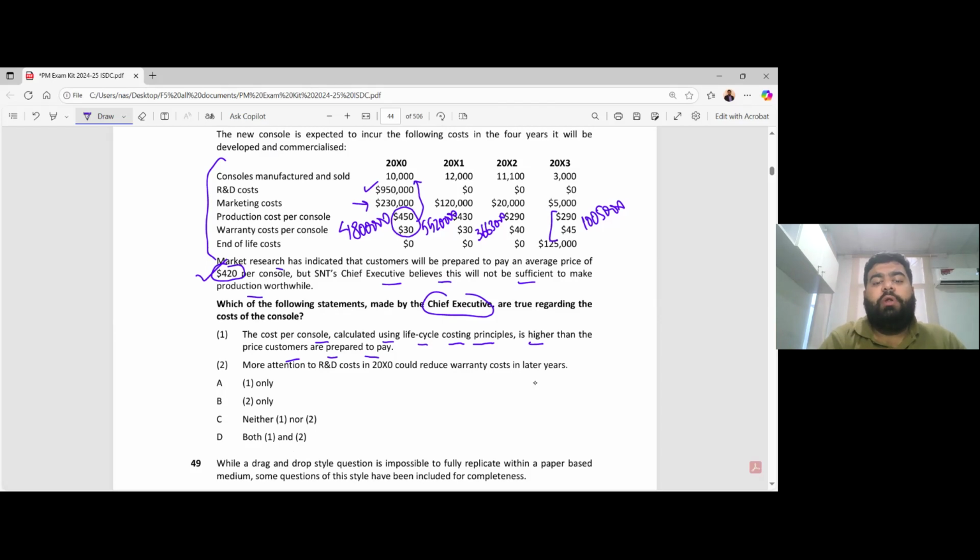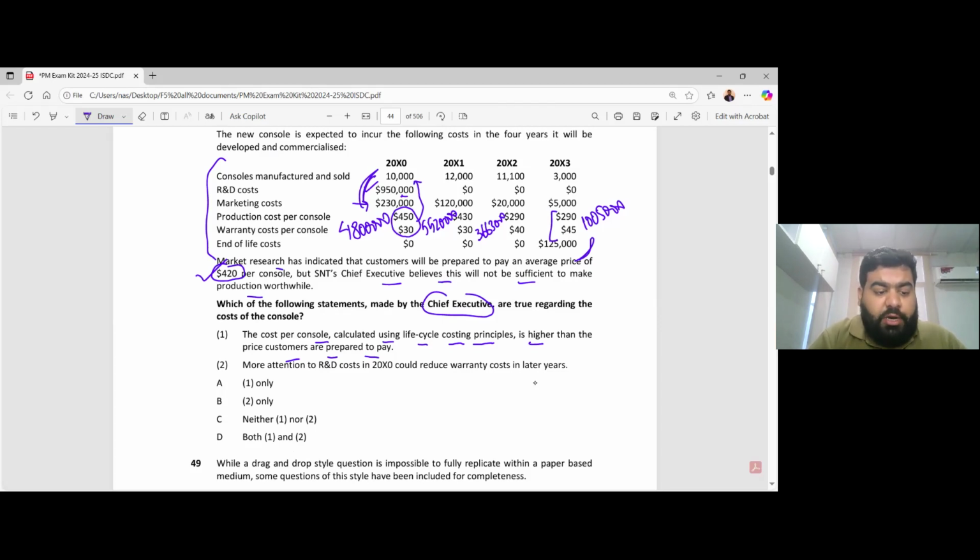Now I'm going to calculate the sum of all the costs. The first cost is 950,000, plus under marketing cost 230,000, plus 120,000, plus 20,000, plus 5,000.